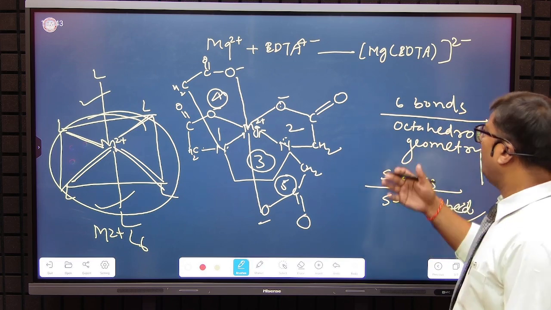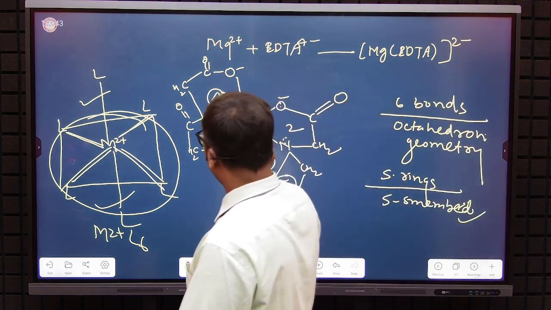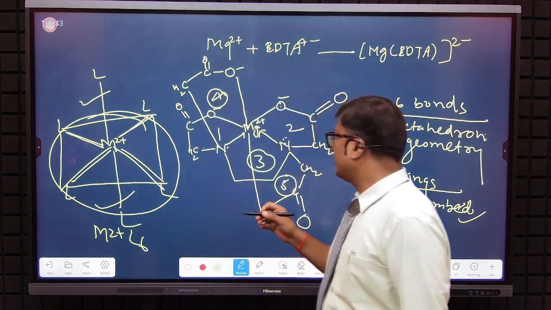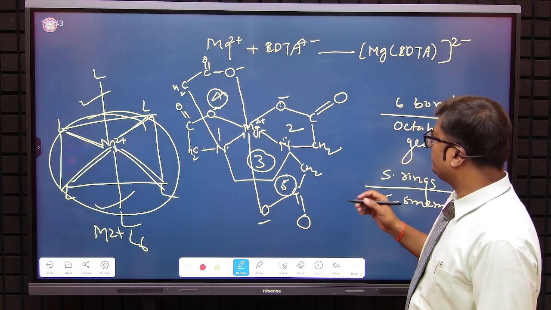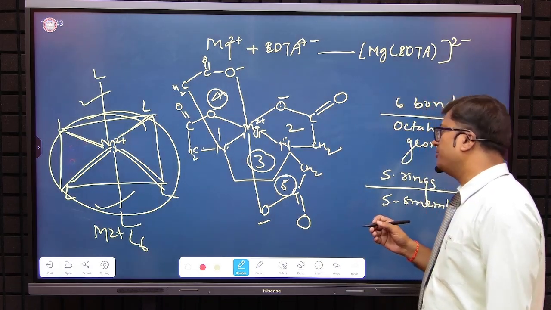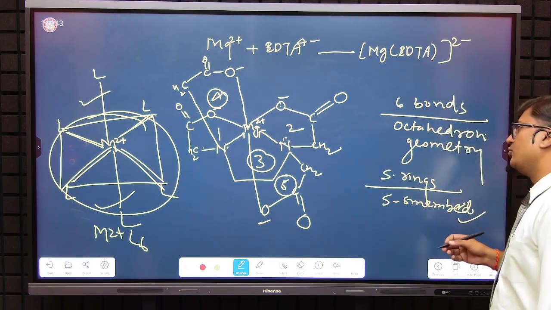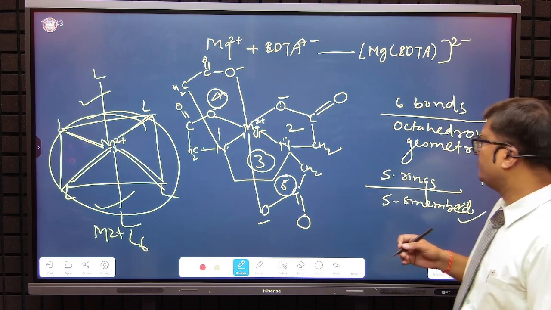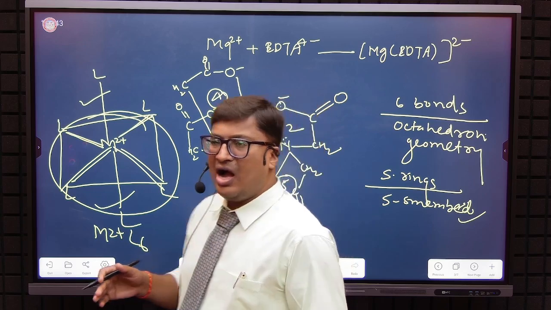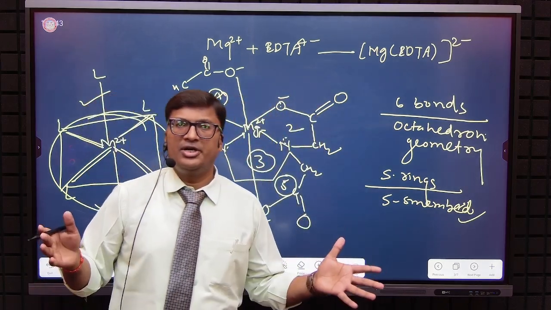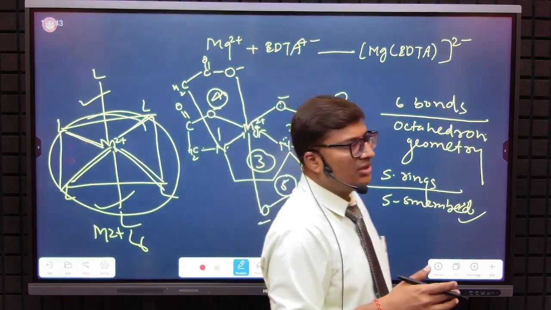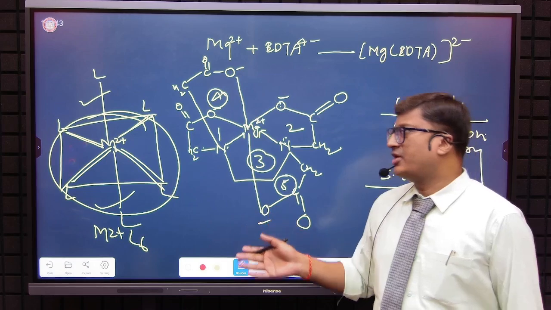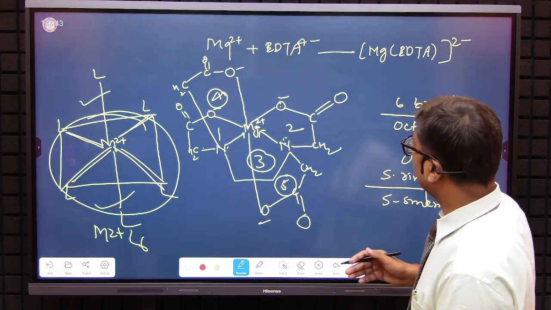So this is the beauty of this particular complex. And the complex formation tendency is very high for Mg2+ and calcium 2+, and the rest of the metal cations also form complexes, but depending on the stability and other structural factors also, right?